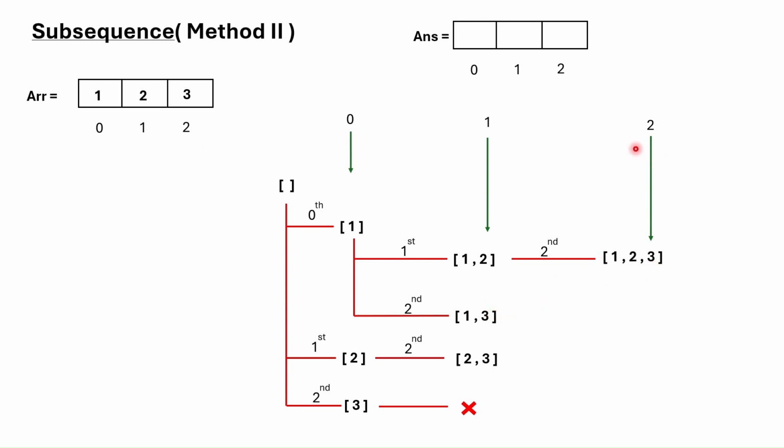What all things I can put in my second index if I have already taken the second index? If we have already taken the second index, there is no choice left. So there is no choice. Similarly, we have already picked the second index, so no choice. For this, we also have no choice. So now look here. If we have already picked the second index here, then this also has no choice. So now we have successfully printed all the subsequences.